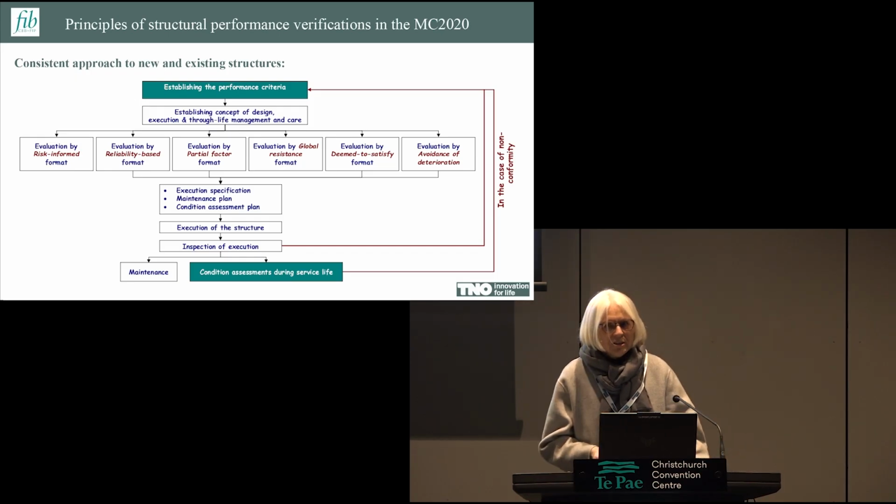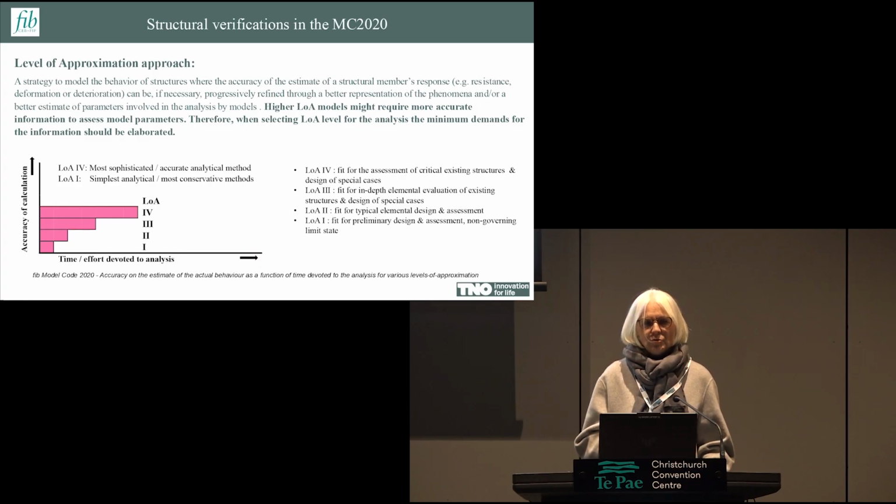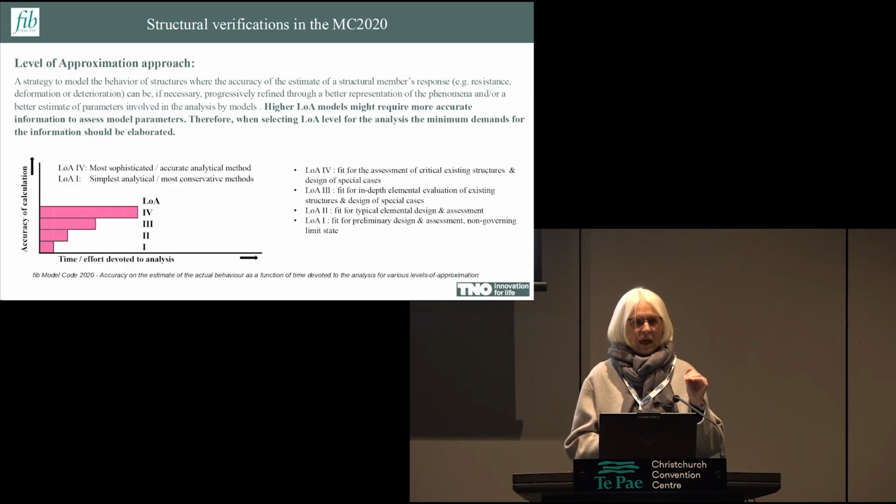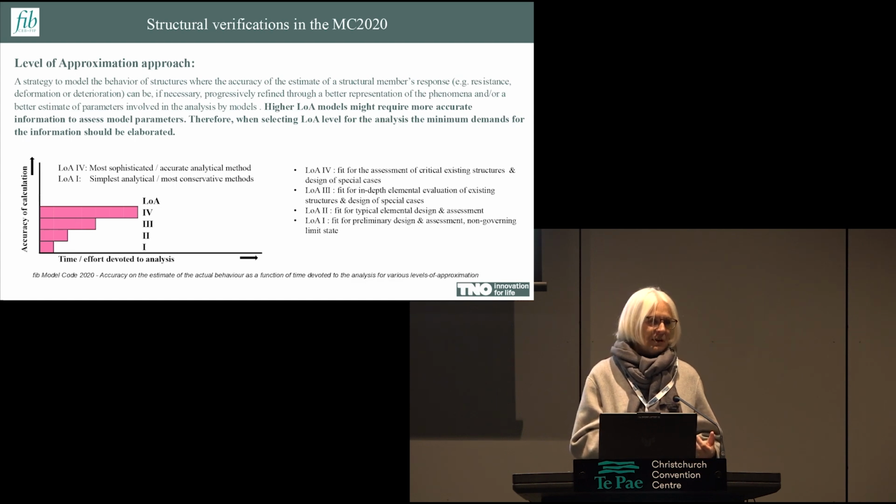Level of approximation, it may happen that you will hear more about it during the presentations today, because for the models we provide a suite of models at different levels of approximation, which again come with different effort in conducting these verifications, but by improving the accuracy, we gain often in the sense that we prove that some interventions would be unnecessary, so it pays back.